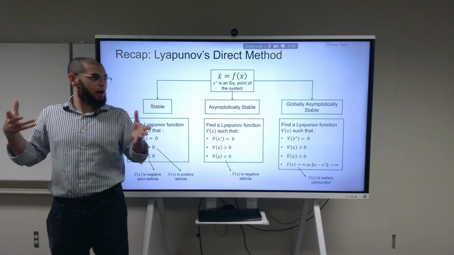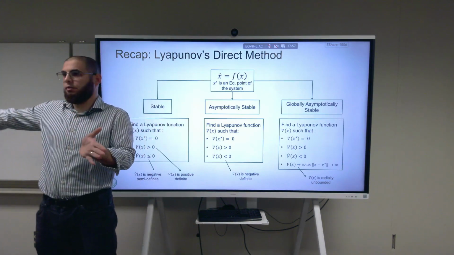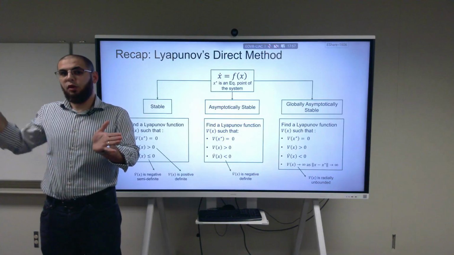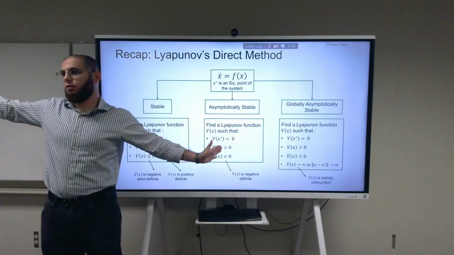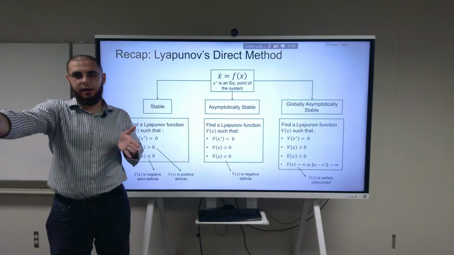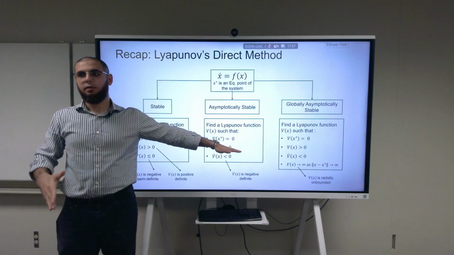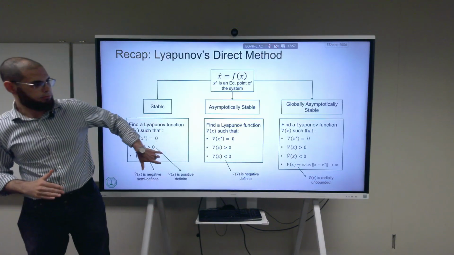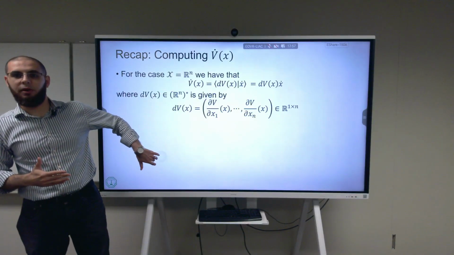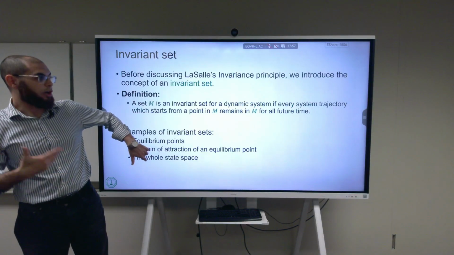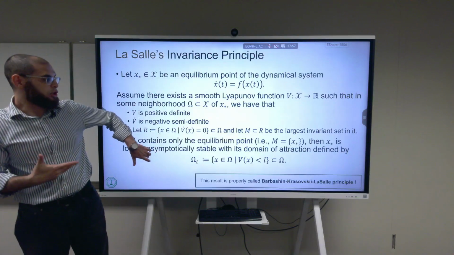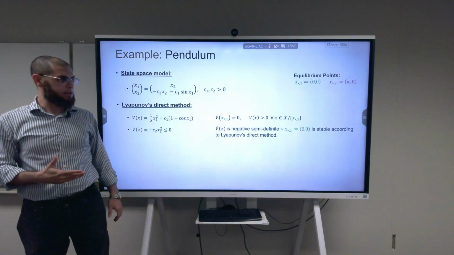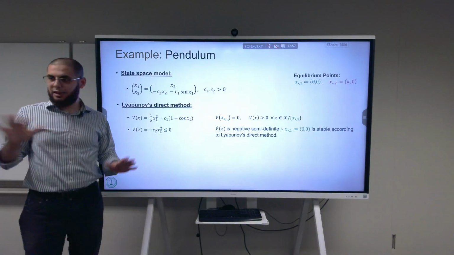From what I just described, if I move in the x2 direction to infinity, you'll find that V goes to infinity. But if I move in the x1 direction, I'll find that it will maximum reach 2. Okay? Make sense? So it's actually not radially unbounded. So I cannot use this function to check global asymptotic stability. Okay, make sense? Is that clear?